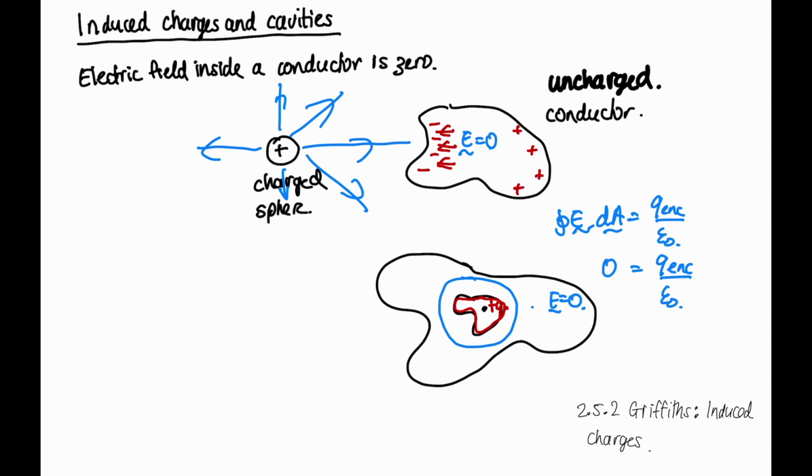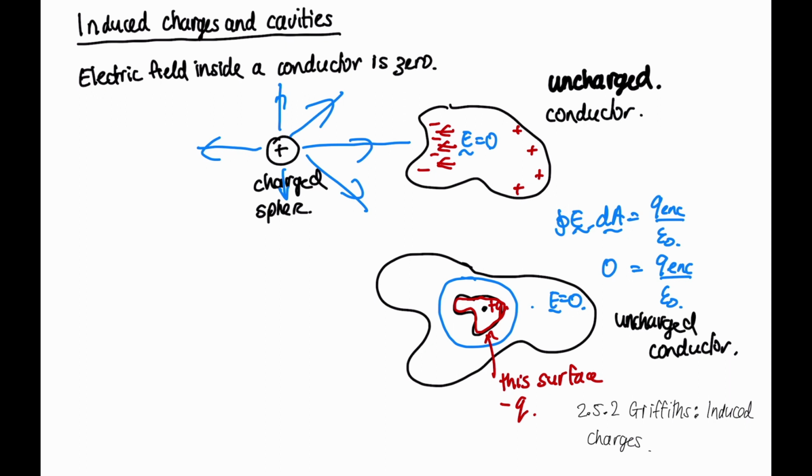So on this surface, we'll have a charge of negative Q distributed, but then because this entire conductor is uncharged, we're still assuming that it's an uncharged conductor, the net charge must be 0.